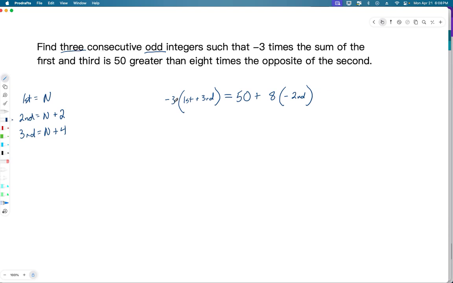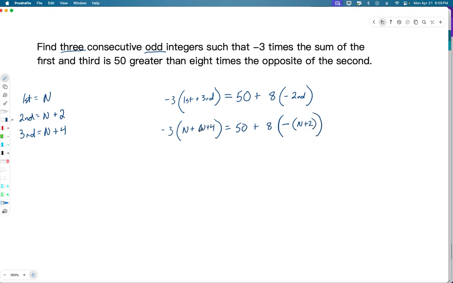Okay, -3 times the sum of the first and the third is 50 greater than 8 times the opposite of the second. So now I'm going to look over here at my expressions and drop those in. -3, right? The first is n plus the third is n plus 4 equals 50 plus 8 times the opposite of the second is n plus 2.